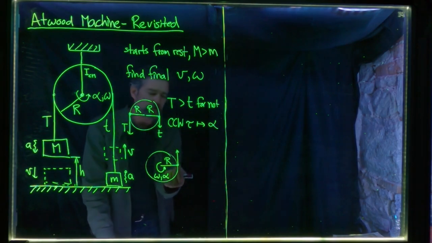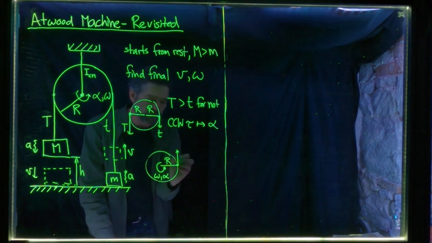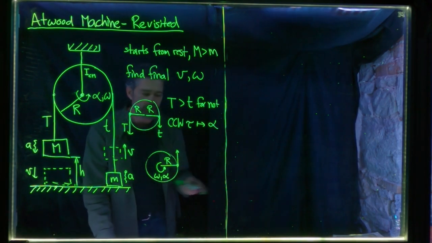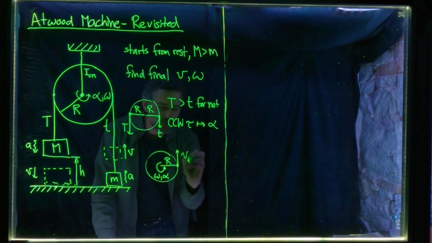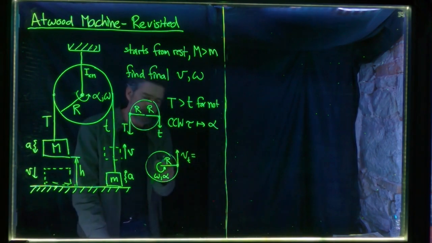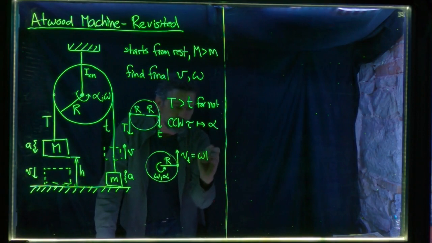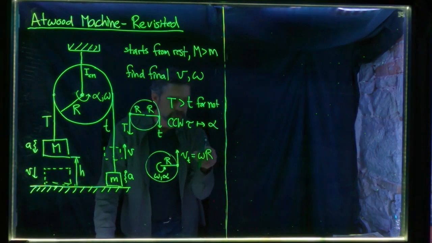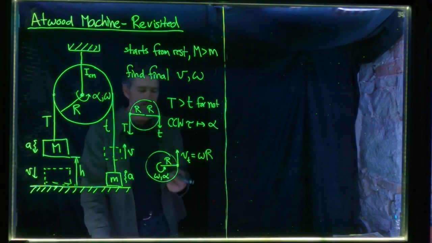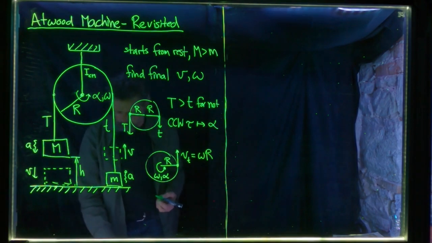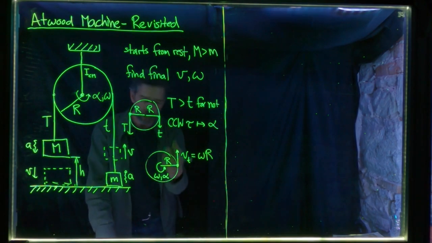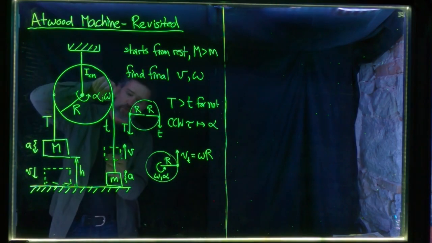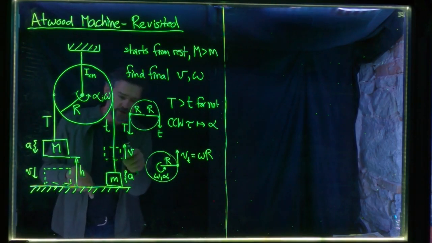So the velocity in meters per second at this instant of time of that point on the wheel, that tangential velocity, is equal to the angular velocity omega times r. So this is radians per second times meters is meters per second, the velocity of that point on the rim of the wheel. And that point is connected to that point, and they're both moving with exactly the same velocity. So that's that velocity v.